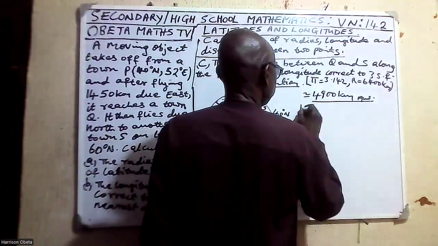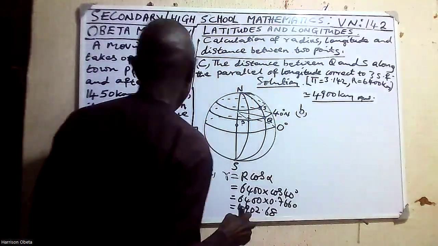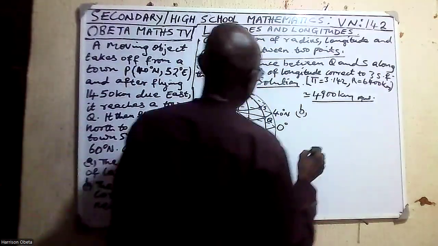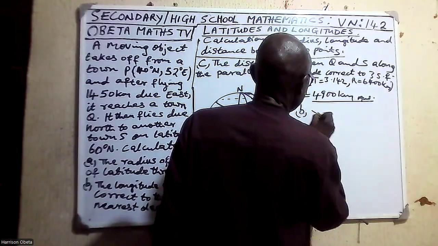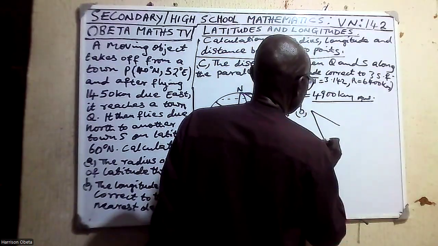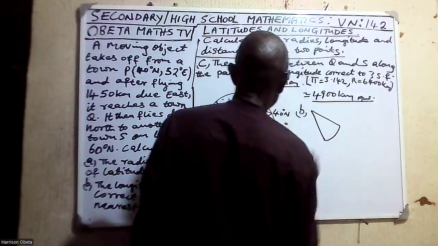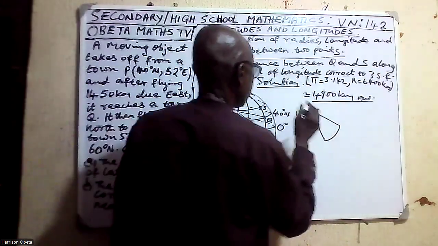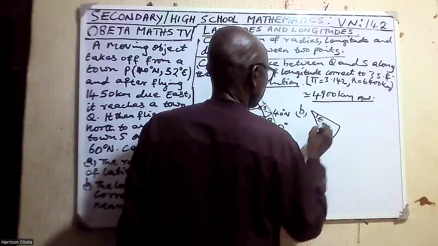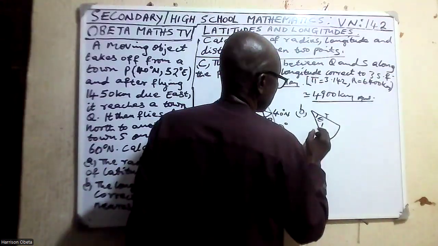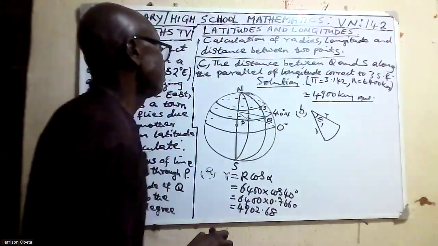So B, we have something of this nature, and we are talking of theta 1, small r.